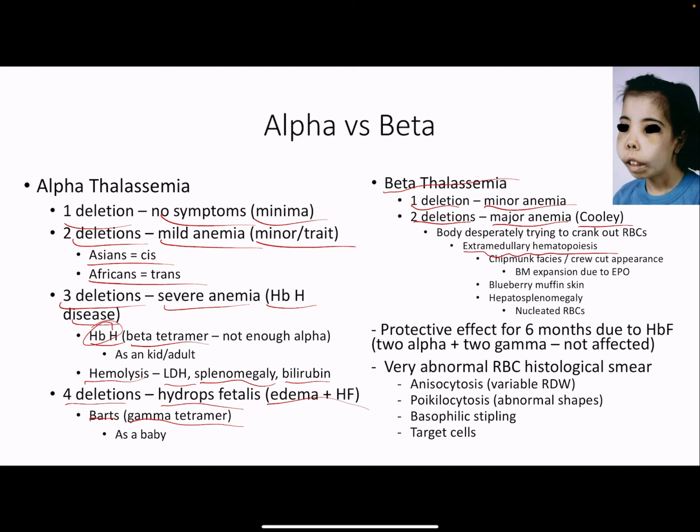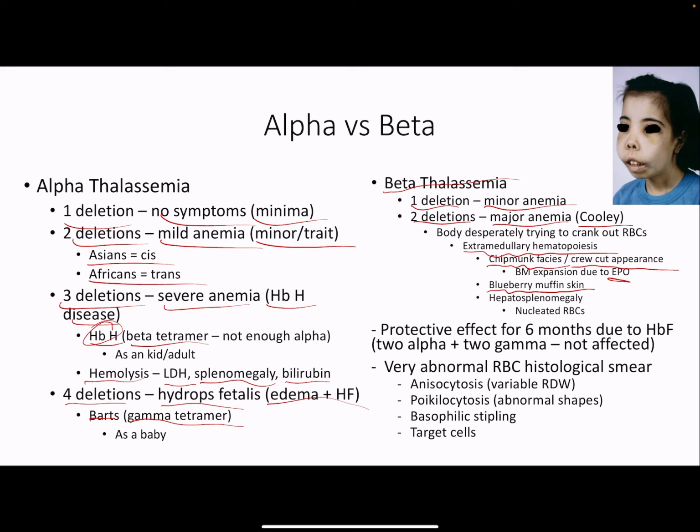There's a bone marrow expansion during early development and embryogenesis that causes skeletal deformities, and not the nicest phrase, but it's known as, I guess the face kind of looks like a chipmunk face, so chipmunk faces, and sometimes they say a crew cut appearance for the skull on an X-ray. And so this is bone marrow expansion due to excess erythropoietin, because there's no negative feedback because you don't have proper red blood cells being formed.